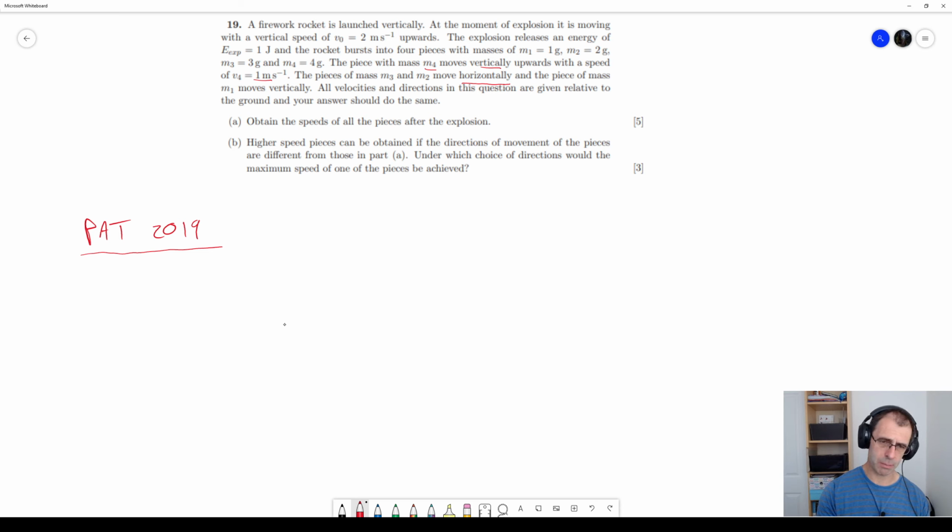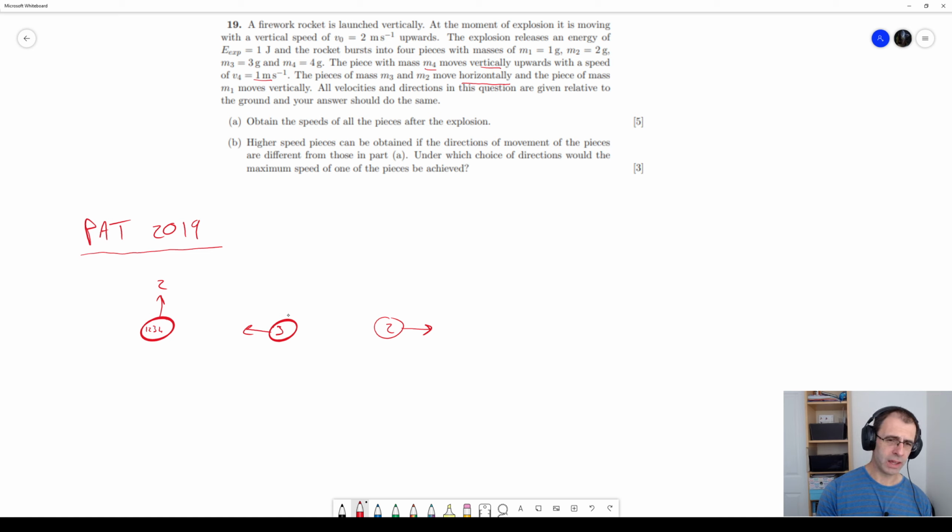So let's think about what's happened here. We have a cluster of masses 1, 2, 3, and 4, all moving upwards at a speed of 2. They explode, and after the explosion, 3 and 2 are moving horizontally. I don't know which way around they're going to be, and I don't know how fast yet, but they're moving horizontally.